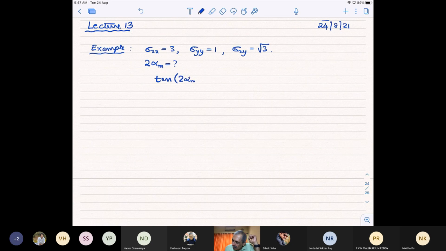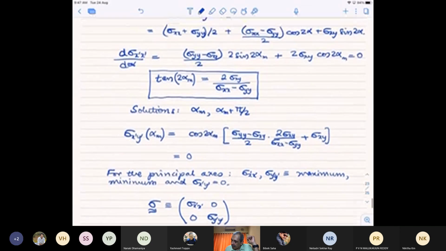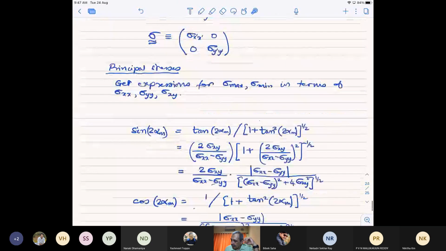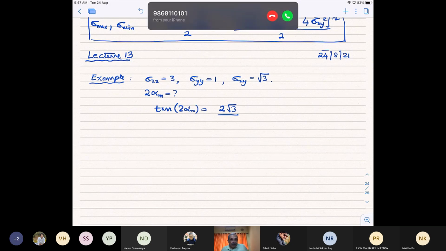So, the formula is like this. If you remember, tan of 2 alpha m, this we have already calculated in the previous thing. Here is the formula: 2 sigma xy divided by sigma xx minus sigma yy. So we write that down: 2 into sigma xy, that is root 3, divided by sigma xx, that is 3, minus sigma yy.